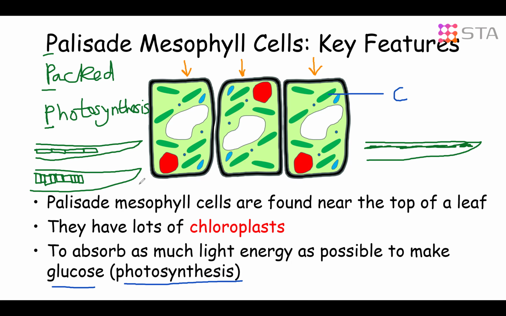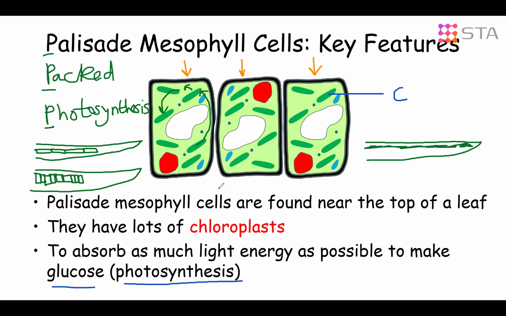And what's also very interesting, and this is more A level, is that these chloroplasts can actually move around. So this chloroplast comes and collects light from the top, but then it moves down. And the next chloroplast moves up to the top to collect even more light. So there's almost like a flow of chloroplasts in these palisade mesophyll cells.